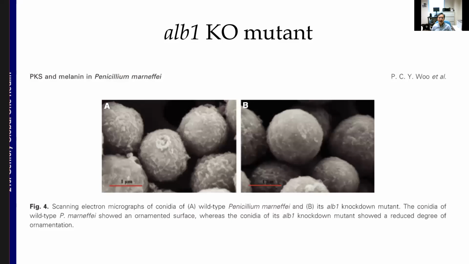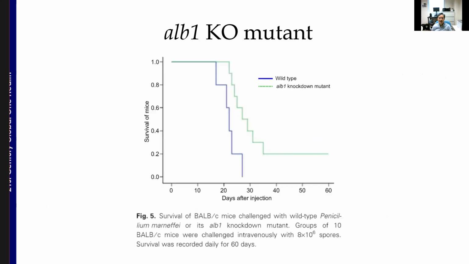In our case, we studied this particular gene's knockout, to compare the prediction from the gene sequence annotation with the confirmed function. After knockout of this gene, the pathogenicity of Penicillium marneffei decreased.